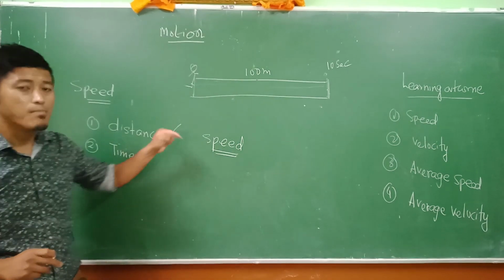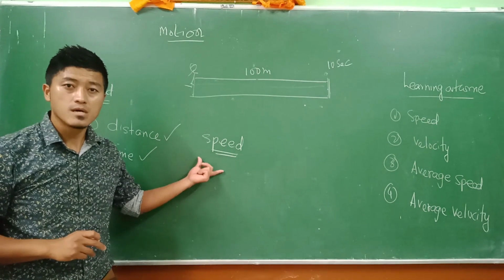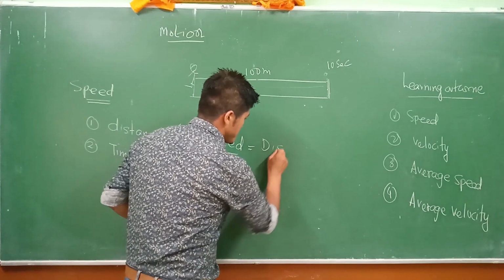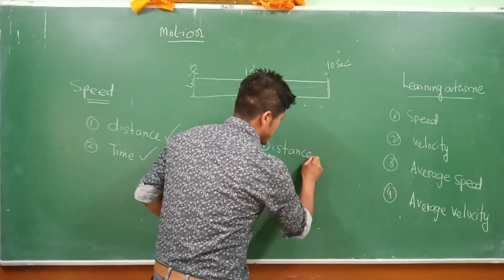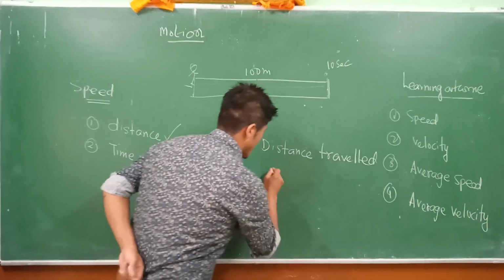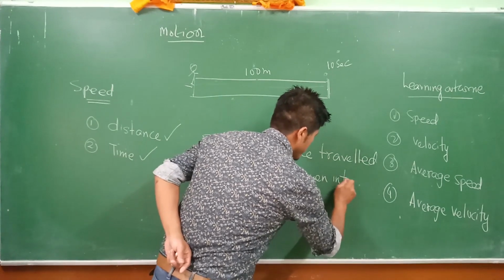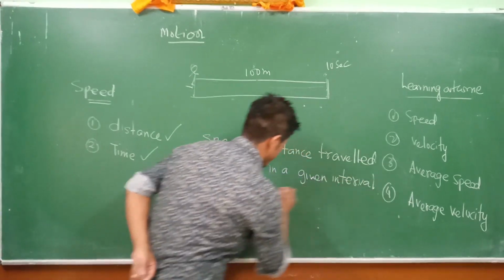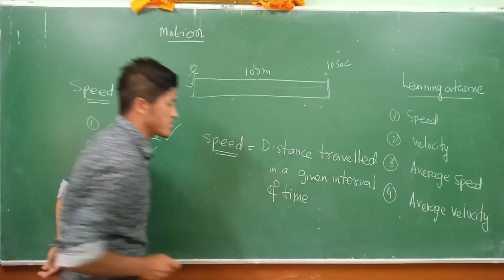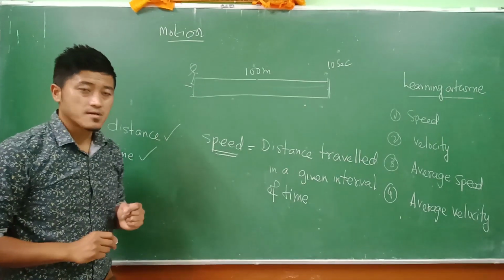The distance traveled by an object in a given interval of time is referred to as speed. Understand? So, distance traveled in a given interval of time.